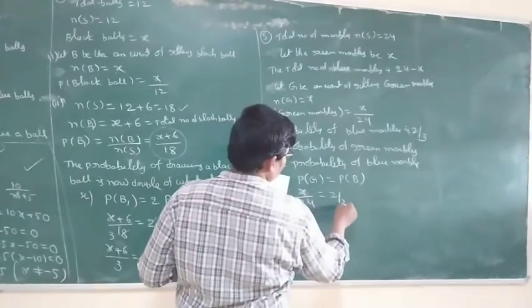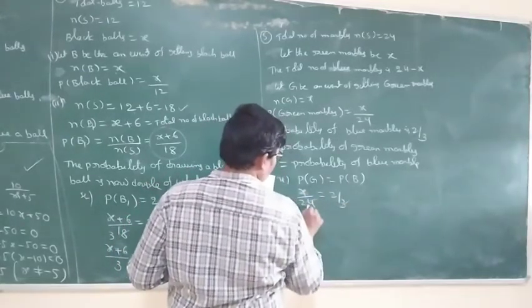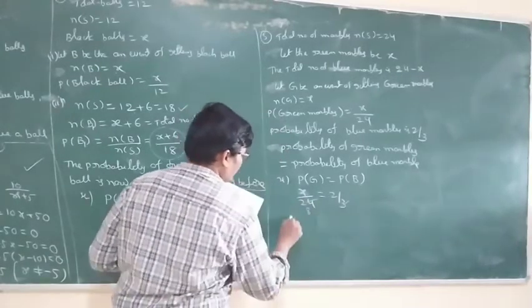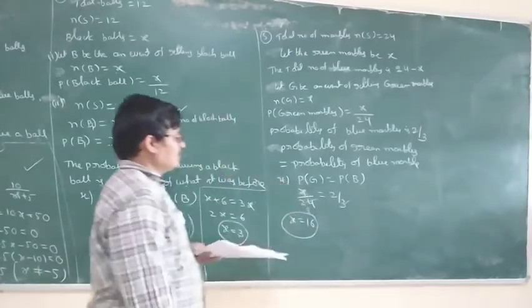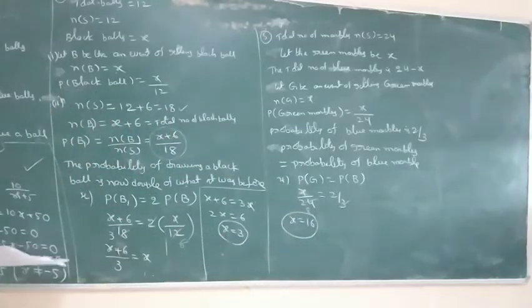Probability of green marbles is 2 by 3. So 2 ones 2, 3 ones 3, 8. So x is equal to 16. What is x? The total number of green marbles is equal to 16.